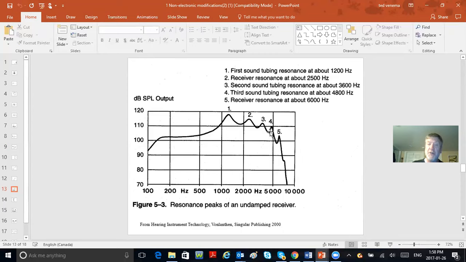And remember in acoustics, I'll stop sharing for a second. We said that mass resonates with lows, stiffness resonates with highs. And we said if you take the smile of resonance and flip it upside down to a frown, you've got impedance, the blockage of sound.